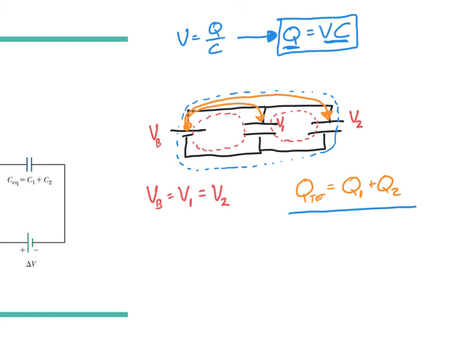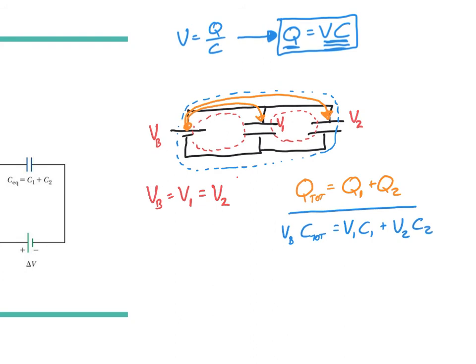So there's that. So for each Q, I'm going to replace it with the appropriate VC. So Q total was from the battery. So that was the voltage across the battery multiplied by the total capacitance. That's the total capacitance of the circuit. Next, Q1, voltage 1, capacitance 1. Q2, voltage 2, capacitance 2.